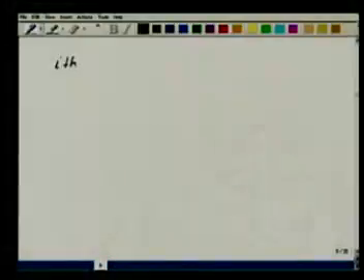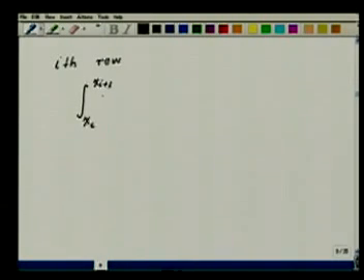So what we have is that for the ith row, the element contributions will be integral, since we are talking of the ith element, from x_i to x_{i+1} of EA phi_i prime phi_i prime dx.